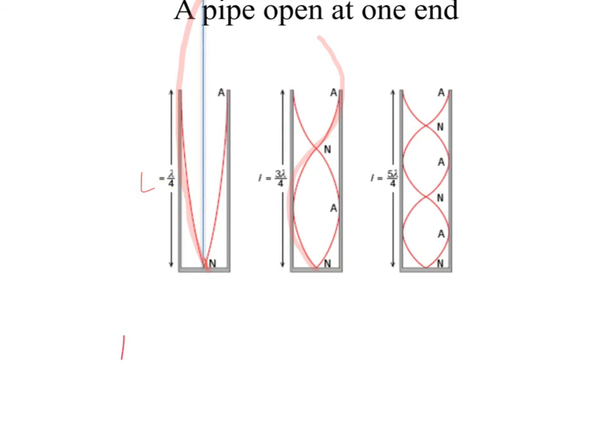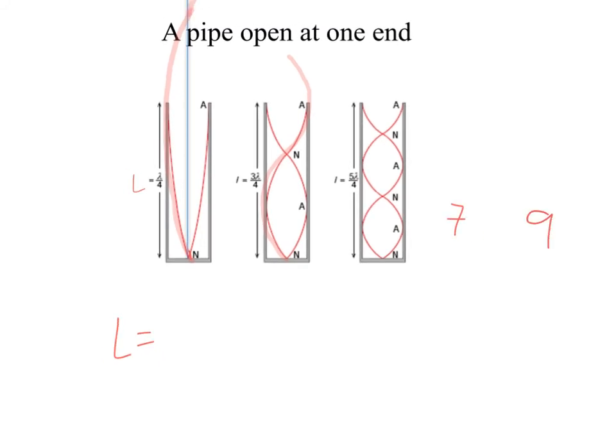We know that the length will be equal to not 1, not 3, not 5, not 7, but 9 for our 5th harmonic. So 9 times the wavelength divided by 4. This will give us the relationship between the length and the wavelength for the 5th harmonic.